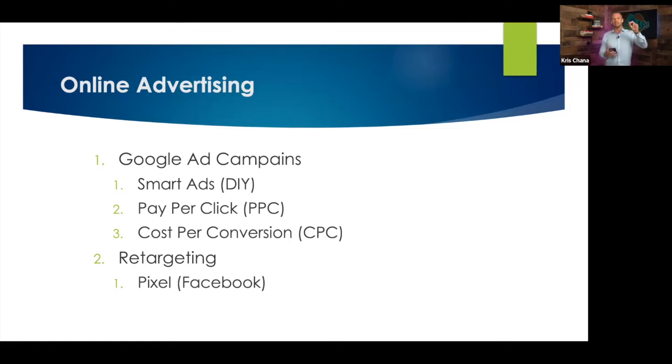It might be that they submitted the form on your website, and that might be considered a conversion. This really depends on how you're measuring it and how whatever marketing firm you hire is measuring it. So if they filled out the form, maybe it was $33 for them to fill out the form. So now you have their information, but they haven't become a member or a participant yet.